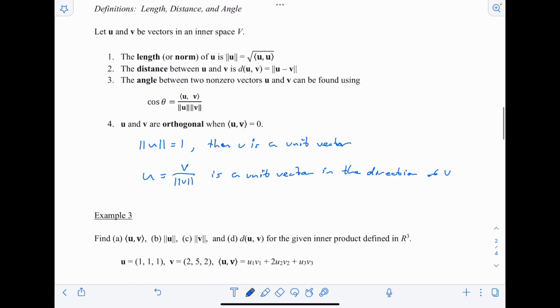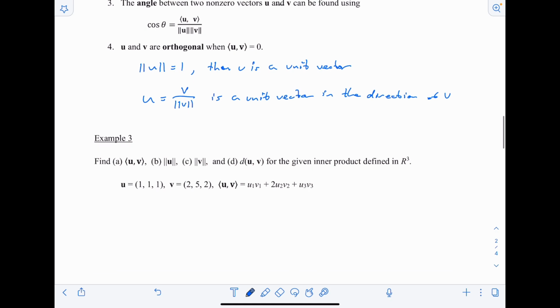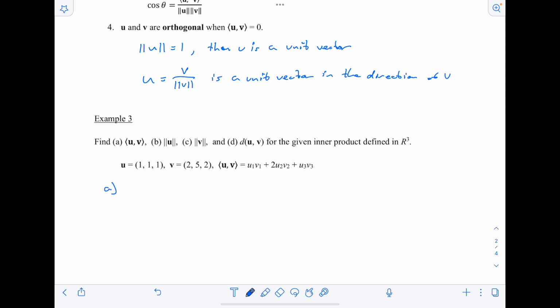Let's take a look at an example. We're going to find a number of things for the given inner product defined in R3. We've got u as (1, 1, 1) and v as (2, 5, 2), and here they define the inner product, which looks very similar to what we just did above. First, we find the inner product of u and v by applying this operation.